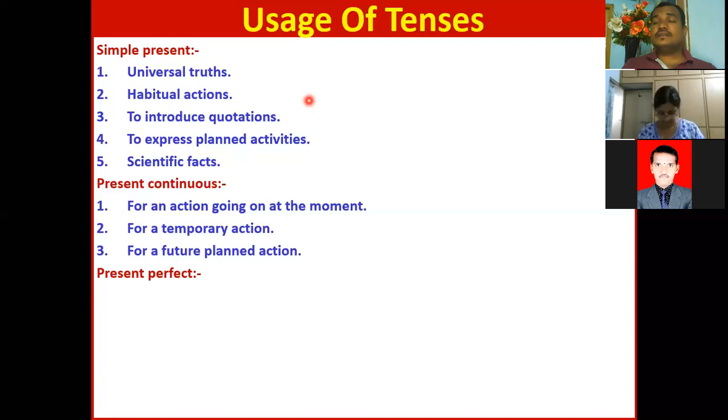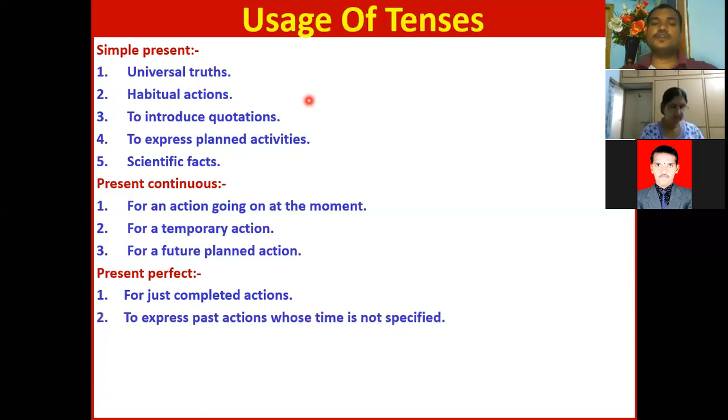Now, present perfect. For just completed actions. Present perfect tense should be used for just completed actions. To express past actions whose time is not specified.